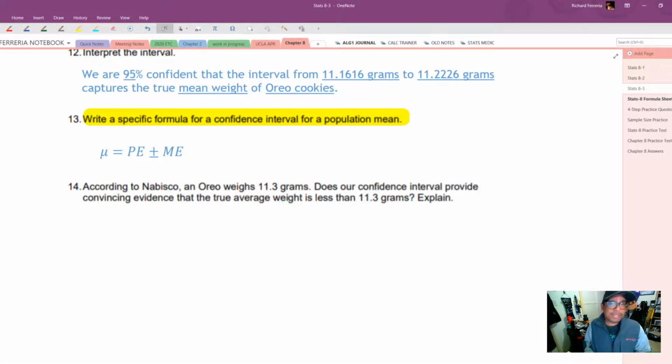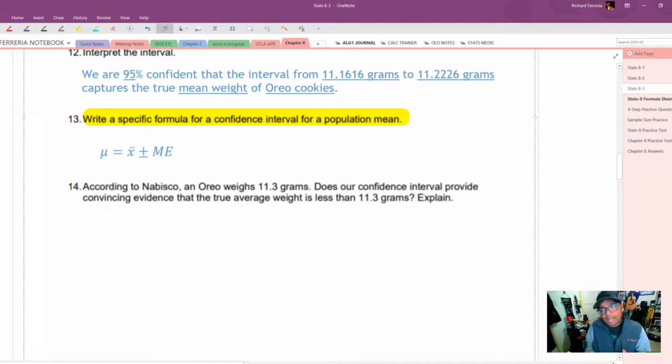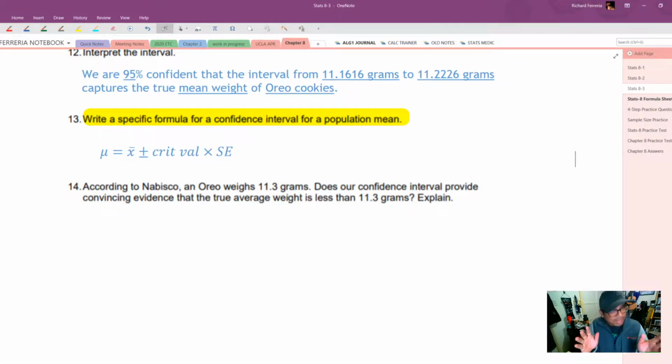And let's think to ourselves, what is the point estimate in this case? Yeah, that's x bar. And then we just spent some time finding the margin of error, so we should have that formula. By way of kind of unfolding this, the margin of error is always a critical value multiplied by the standard error. Our critical value we just found was t star, and our standard error is s over root n.